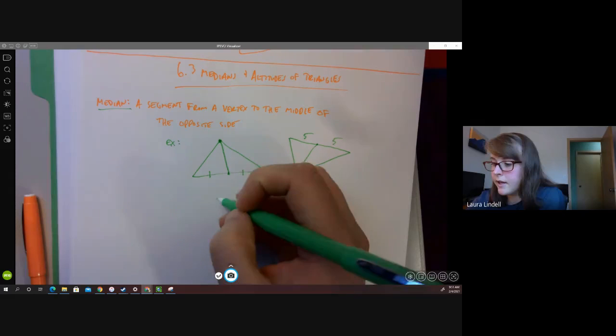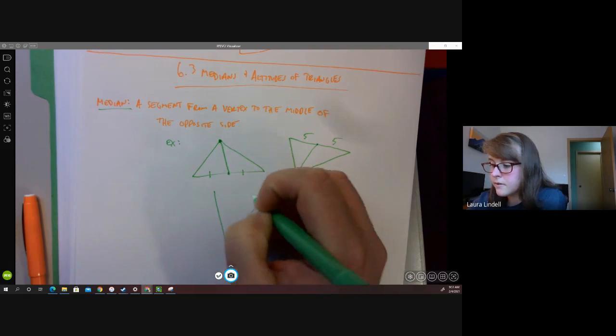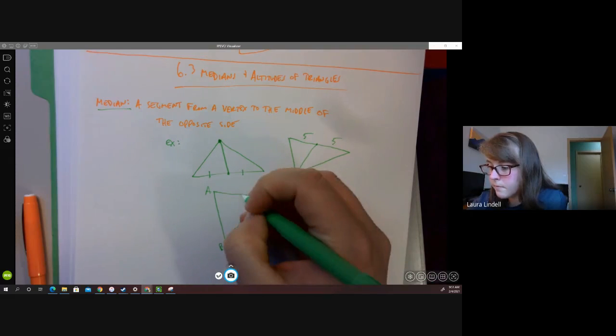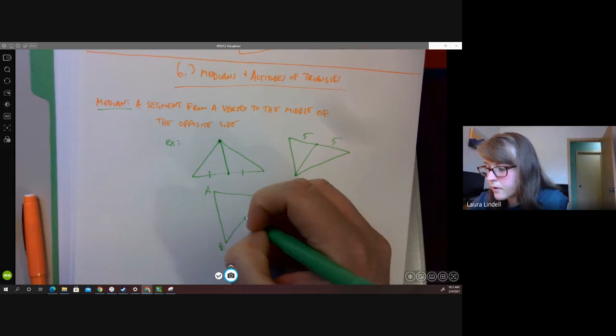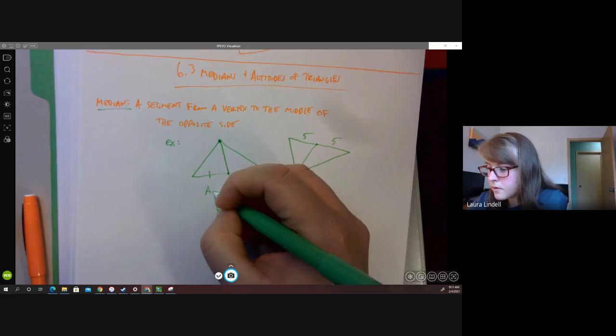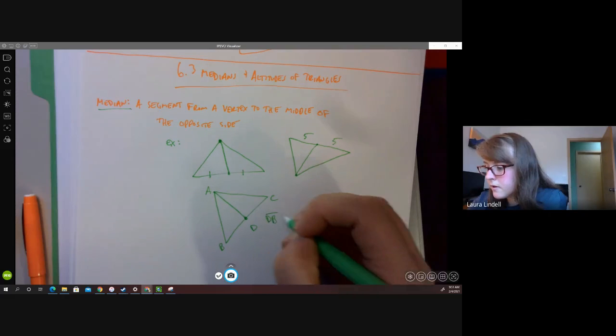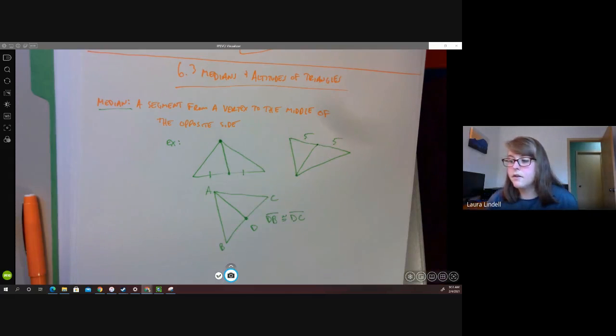Or you could see it as A, B, C. And then they tell you that DB is congruent to DC. That would be another way that you could see a median. So anyways, that's how we would want to look for medians to identify them.